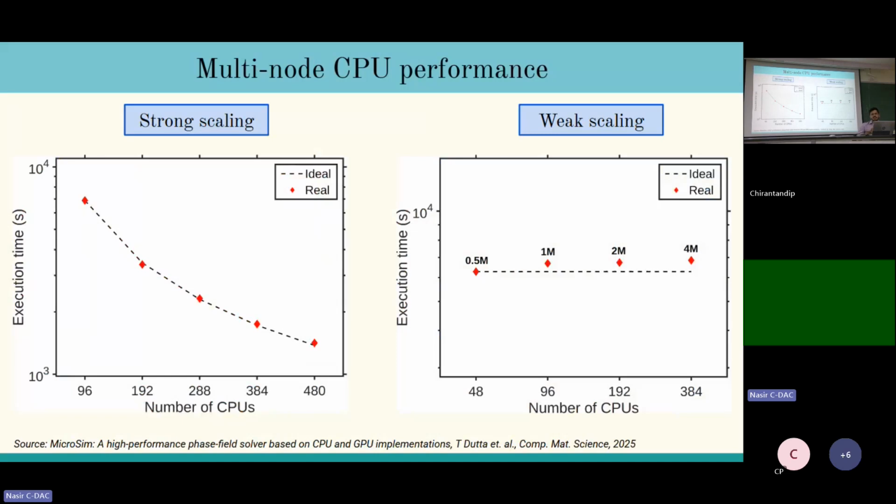Now I want to see how the scaling performs. I've done strong scaling and weak scaling. In strong scaling, you keep the domain size fixed and increase the number of processors. By that, the per-processor load is reduced, so you can go till a point where communication is a bottleneck.